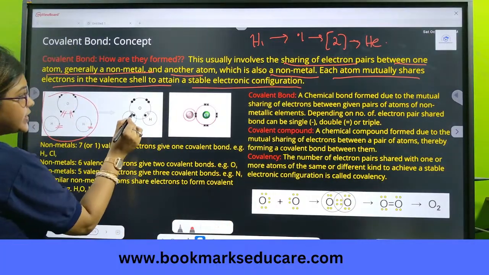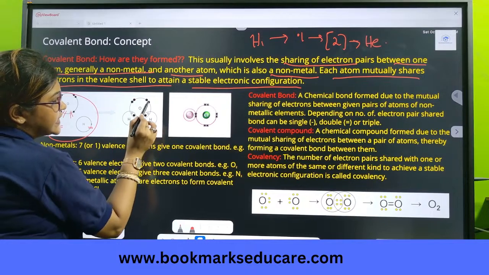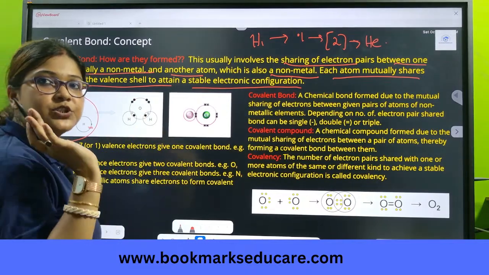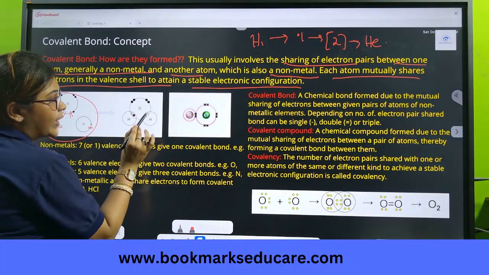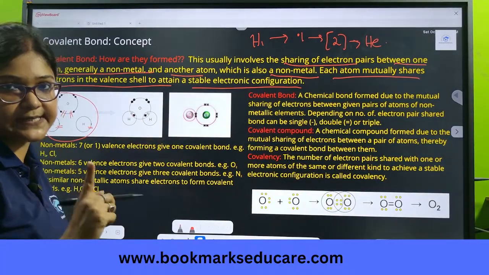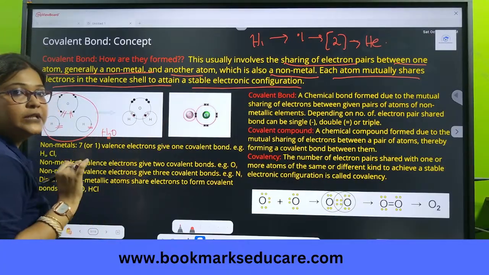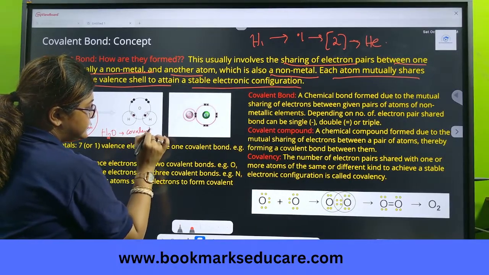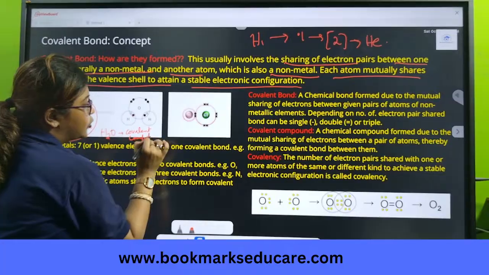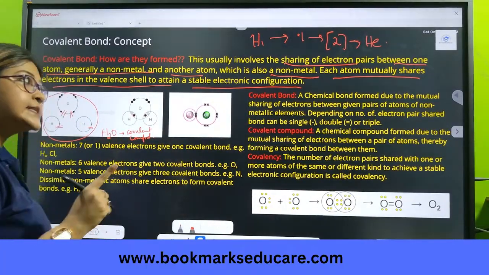So here you see, if you count 1, 2, 3, 4, 5, 6, 7, 8, oxygen is in its octet state, and for the hydrogen you have 1, 2, 1, 2. That means the duplet state is reached. Therefore, water is an example of a covalent compound with 2 single covalent bonds, right?